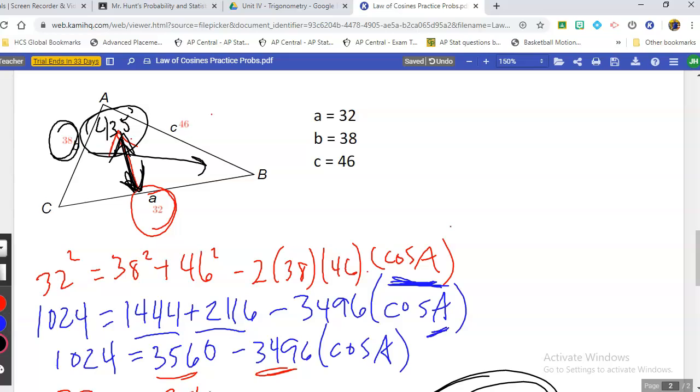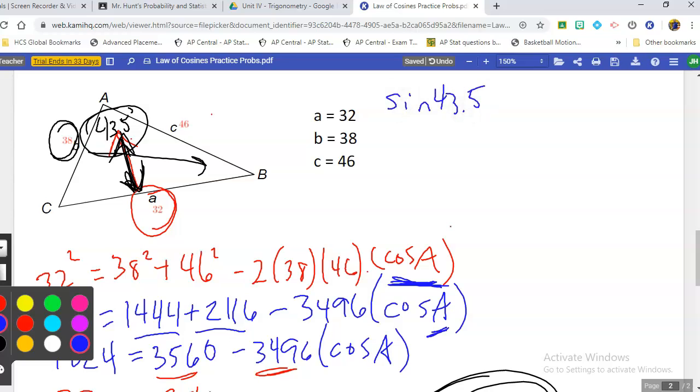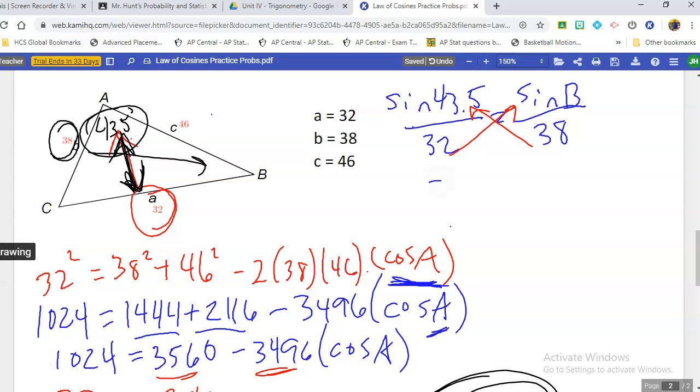So we'll set up our law of sines and say that the sine of 43.5 over 32 is equal to the sine of B over 38. And like always with the law of sines, we cross multiply, and we get 38 times the sine of 43.5 is equal to 32 times the sine of B.